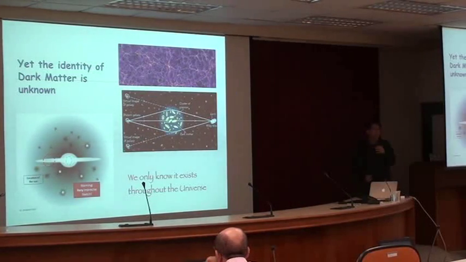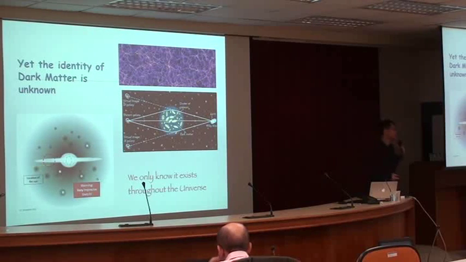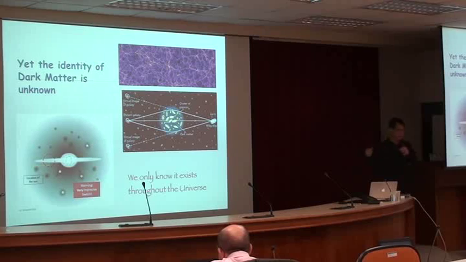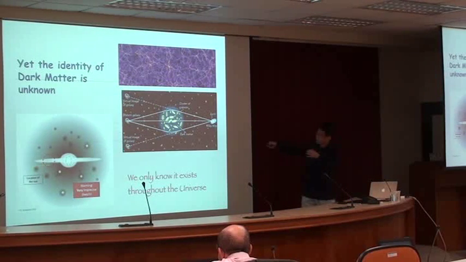Okay, so far we know that there should be dark matter, but unfortunately, or fortunately for theorists, the identity of dark matter is really unknown. So we can still keep writing papers or building experiments to tell what exactly it is. Okay, this is the graph I just talked about, the gravitational lensing.